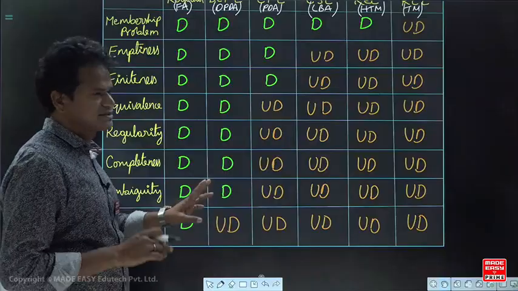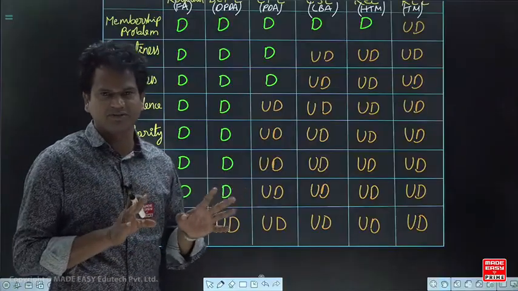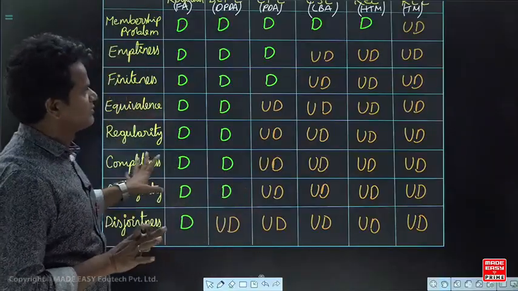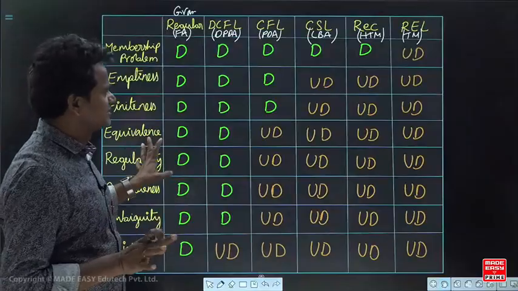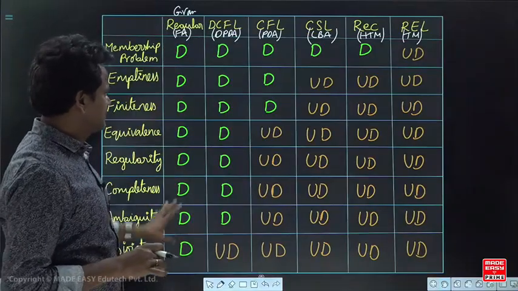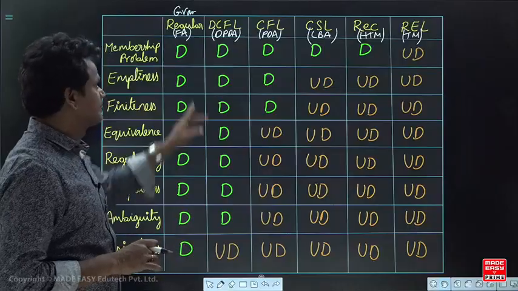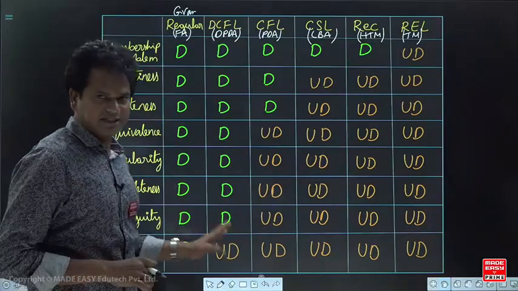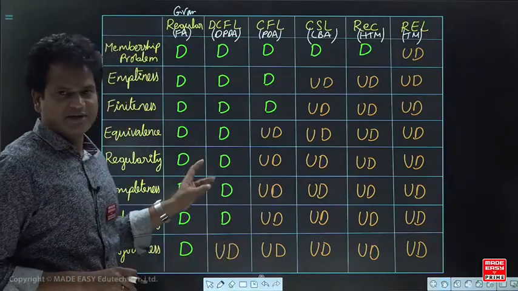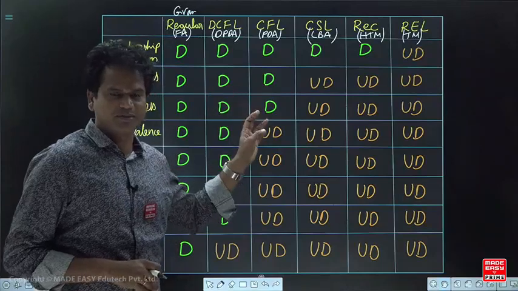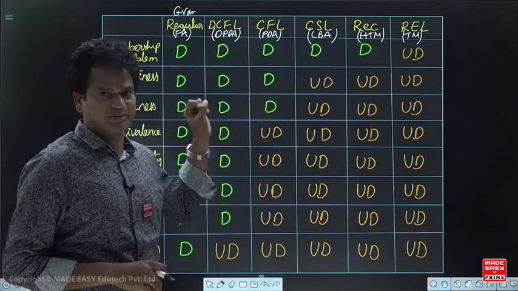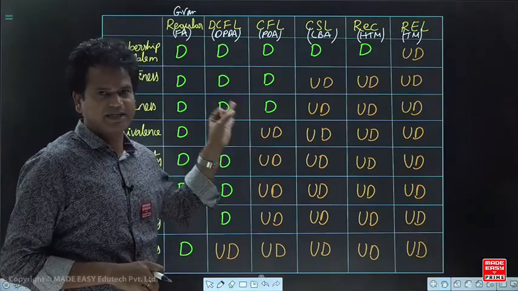Now you just remember, however you remember, but you have to remember. The best way is: regular languages are decidable under every problem. DCFL are undecidable only for disjointness. CFL are decidable only for the first three problems: membership, emptiness, finiteness.